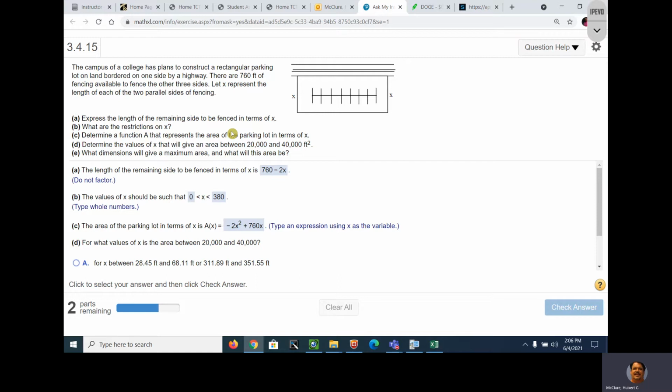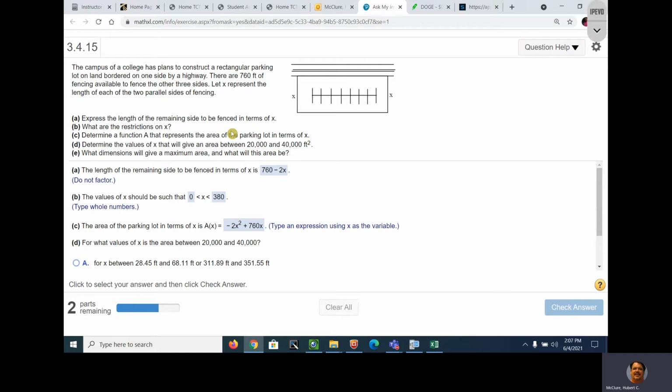And you just put your formula in the middle. 20,000 less than or equal to negative 2x squared plus 760x less than or equal to 40,000. Solve this for x.